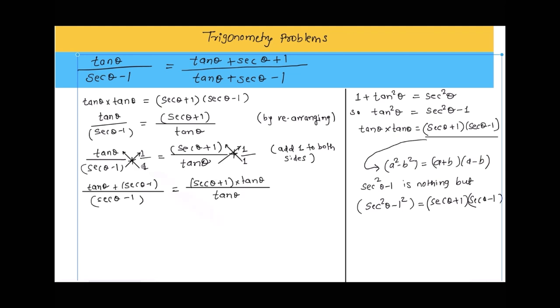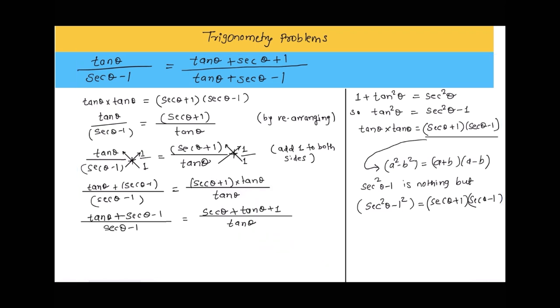If we were to do this addition, we need to make sure that denominators are common both on LHS and RHS. So what we do is cross multiply. We get tan theta plus sec theta minus 1 upon sec theta minus 1 into 1, but I have not written it over here, as sec theta minus 1 into 1 remains sec theta minus 1, is equal to, on right hand side we get sec theta plus 1 into tan theta upon tan theta. I have just simplified it further.